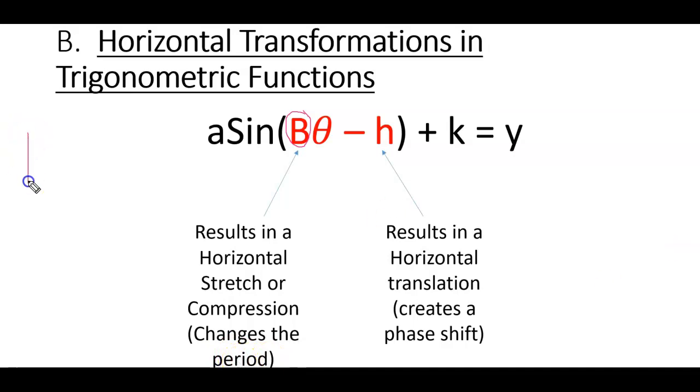So for instance, if you have a sine wave that goes from here to here, usually from 0 to 360, well, if you were to put a number in here like 4, that's going to change your period. It will compress it, so it will be 4 times shorter horizontally. So it will change your period. So what I'm going to show you guys right now is how you can find what the period of a function is.